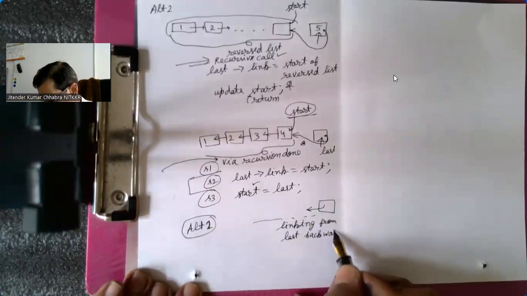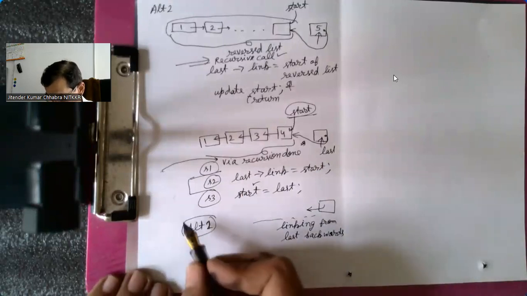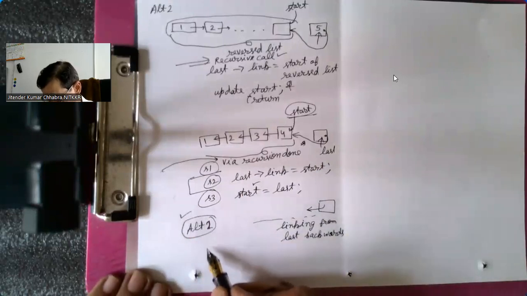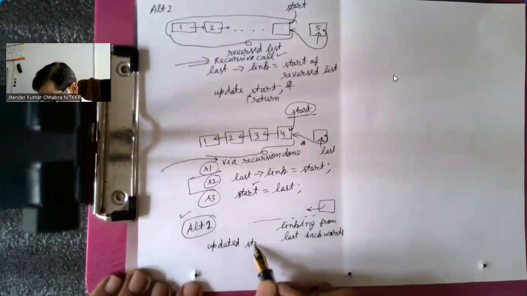So the recursive call in this case will be done first, and after that we will do the linking. In the other case, the link will be updated first, then the recursive call will happen. Of course, in both cases, you should be able to send the updated start always. The updated start must go back to main.